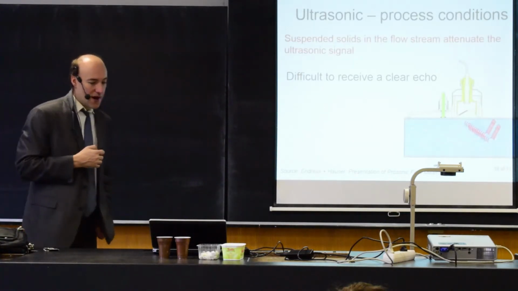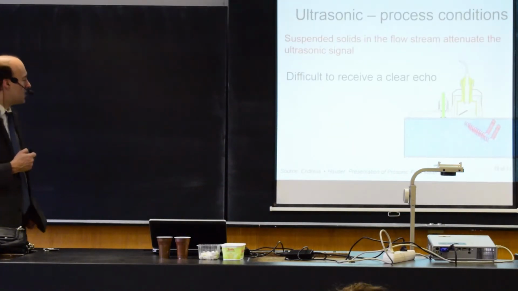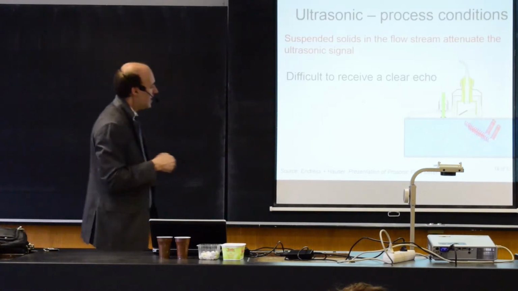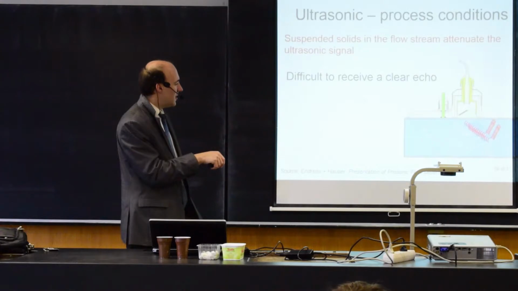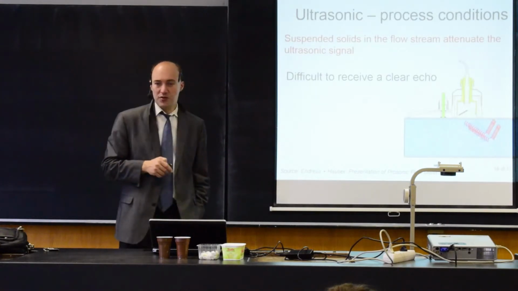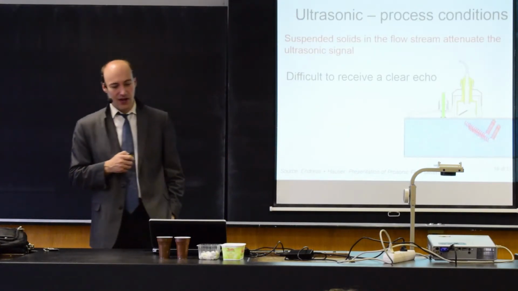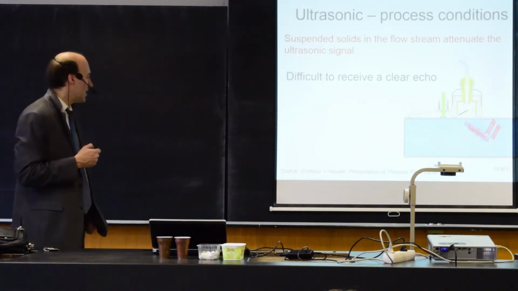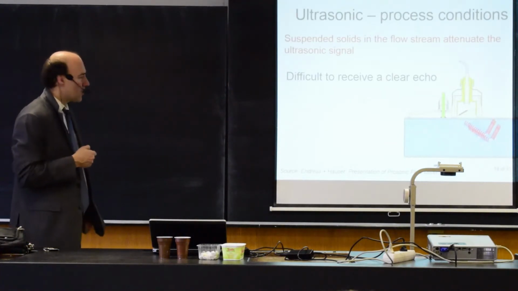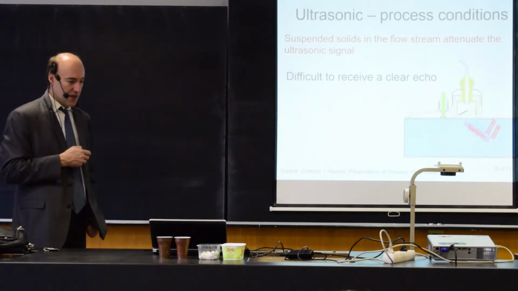This is the reason why here we need to prevent the bubbles or particles. So if you have bubbles or particles in the liquid, then you can have multiple echoes. The signal will be attenuated and it will be difficult to receive the signal. So it's not working for this kind of liquids.